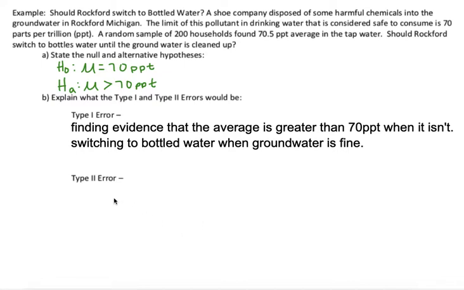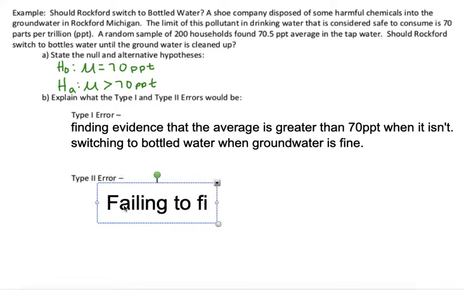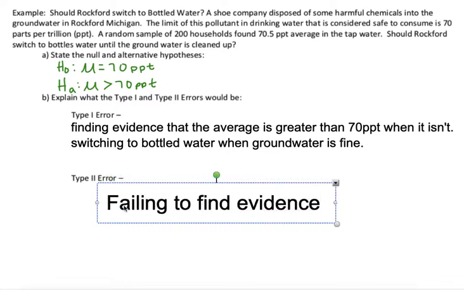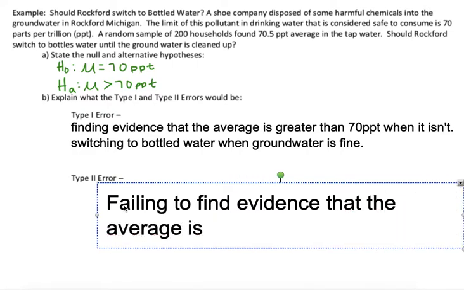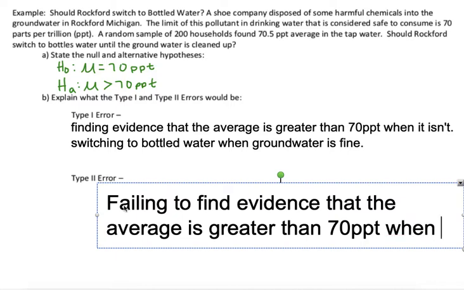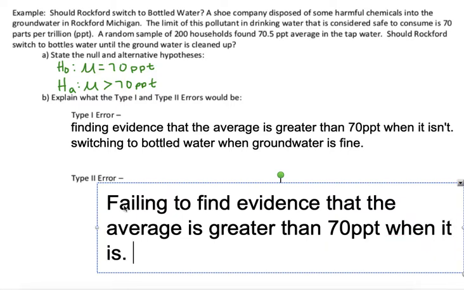The type 2 error in this case would be failing to find evidence that the average is greater than 70 parts per trillion when it actually is. That's a mistake. We have our sample and it's not showing us the evidence that it's greater than 70.